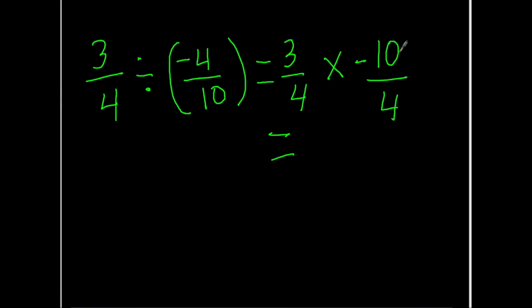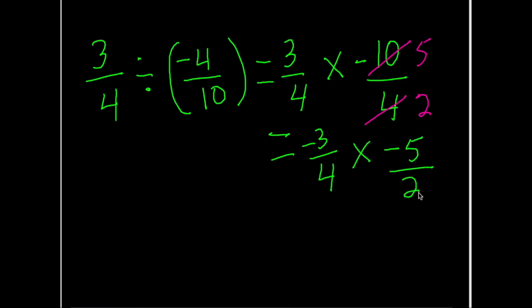What number can go into 10 and 4 at the same time? It's 2. 10 divided by 2 is what? 5. 4 divided by 2 is 2. So this is reduced to negative 3 over 4 times negative 5 over 2.